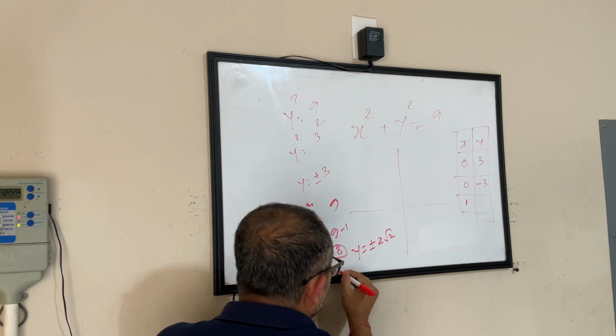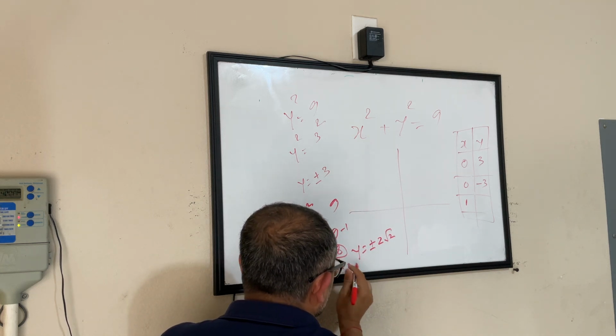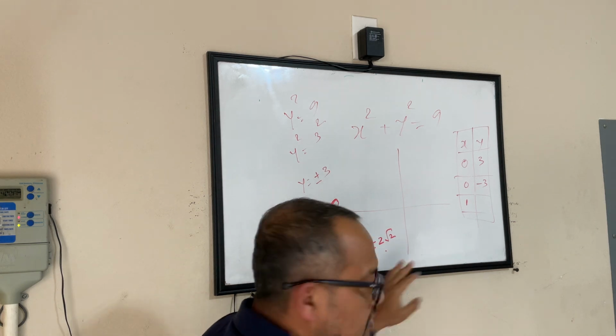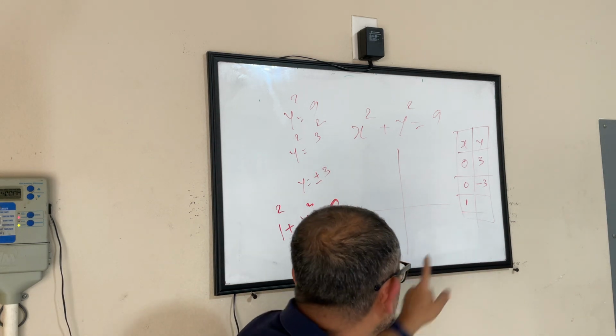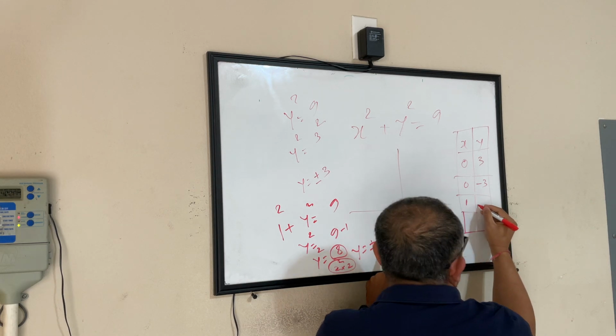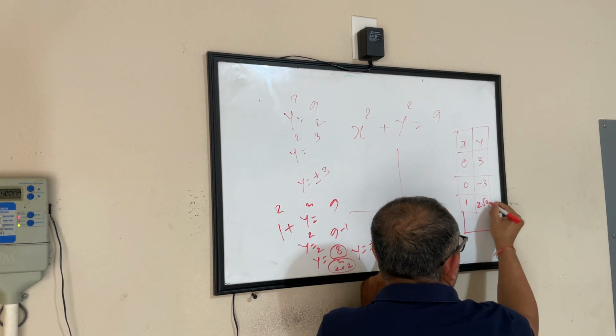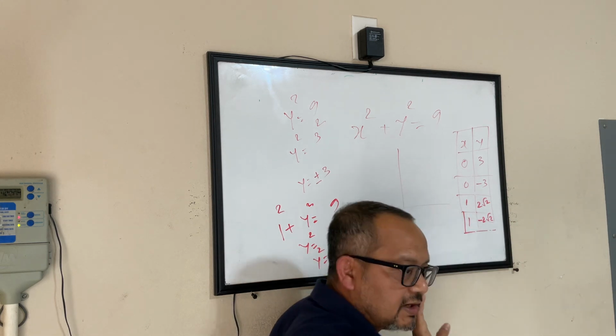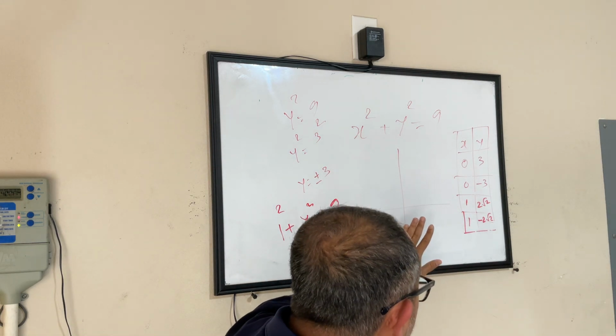So this is 4 into 2, 4 is nothing but 2 square, so it gives me 2 root 2. So for x equal to 1, I have two values of y, one is plus 2 root 2 and another one is minus 2 root 2. Okay, let's live with this for now.